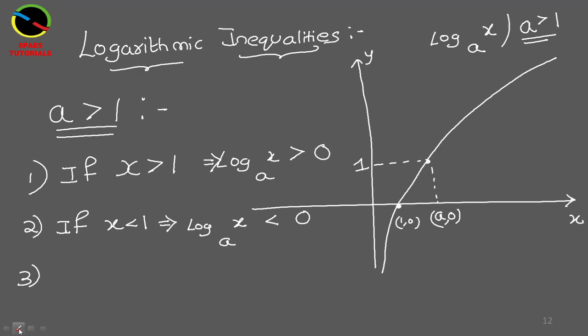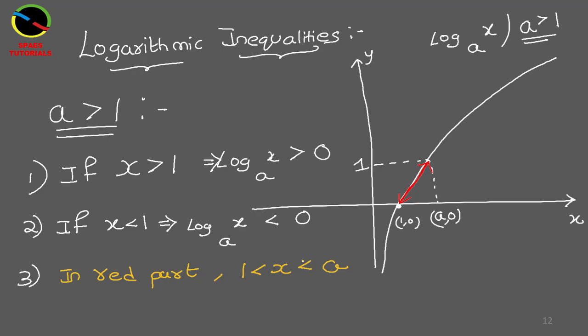Third one, which is very much important, I am going to draw with the red color. See this part of the graph. In that part, I'm writing here in the red part, the x value is between 1 and a, or we can say x is less than a, correct or not?